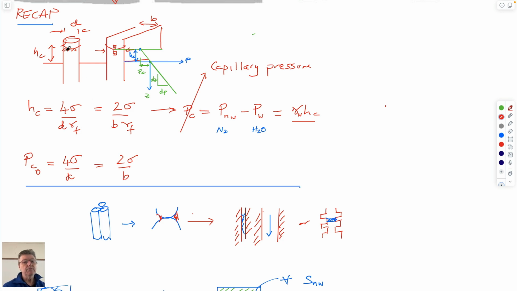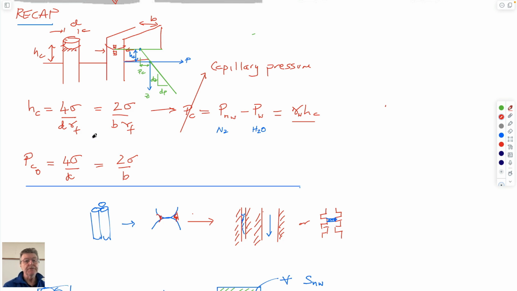We typically were kind of thinking that this might be water and air above it, but it doesn't have to be. It could be two different liquids, not necessarily a liquid and a gas. It could be two different liquids.